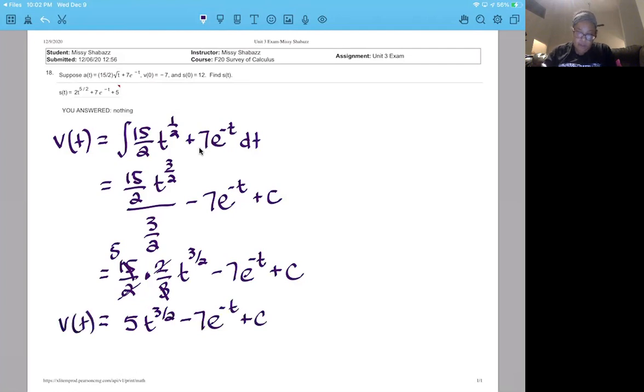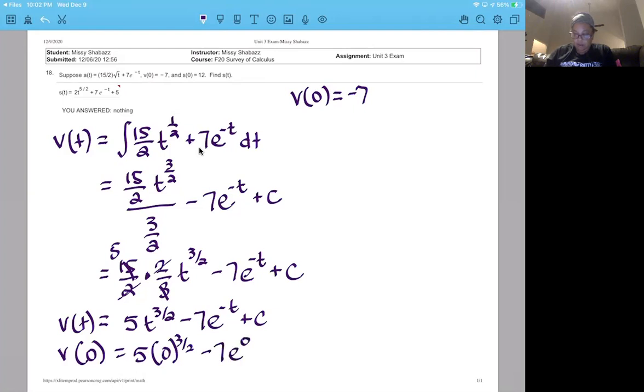Now they tell me that v(0) equals -7. So v(0): 5 times 0 to the 3/2, minus 7e^0 plus c equals -7.